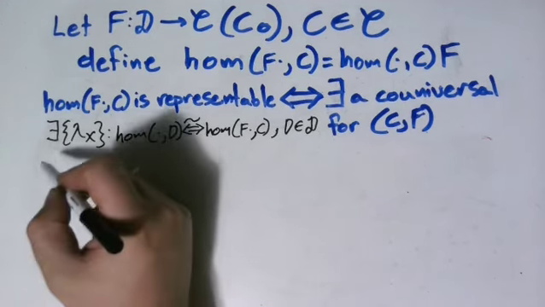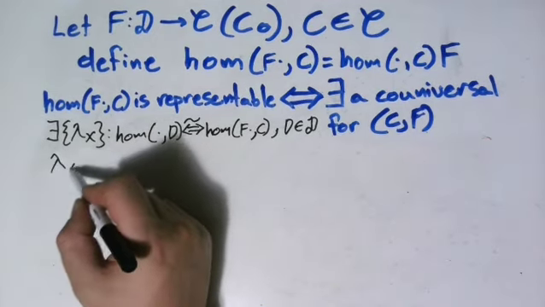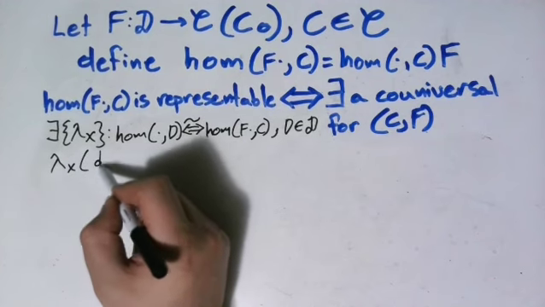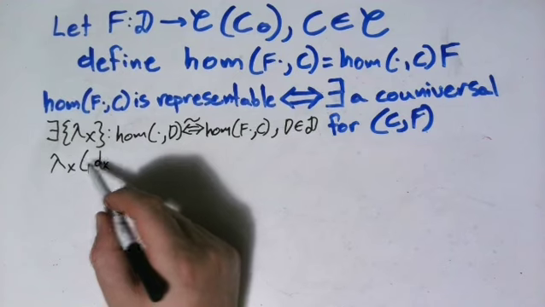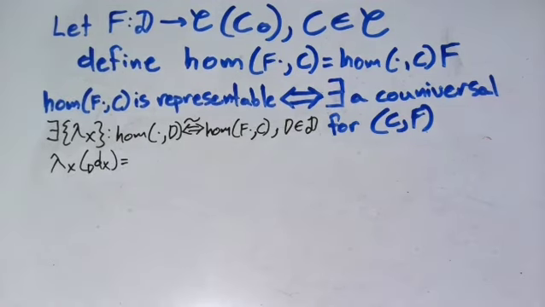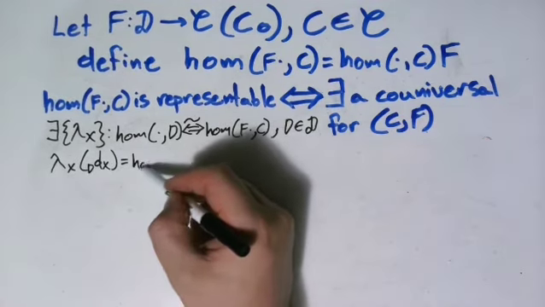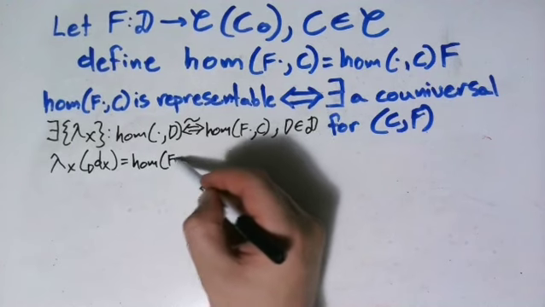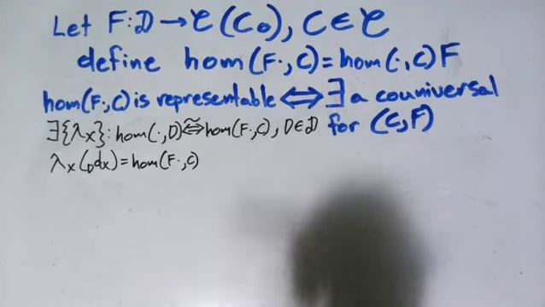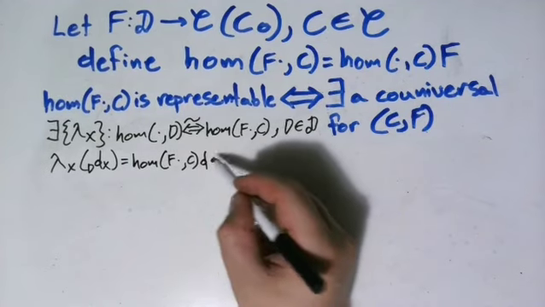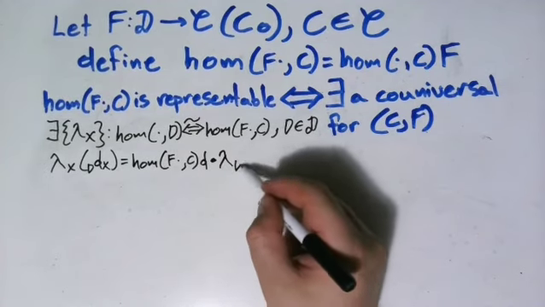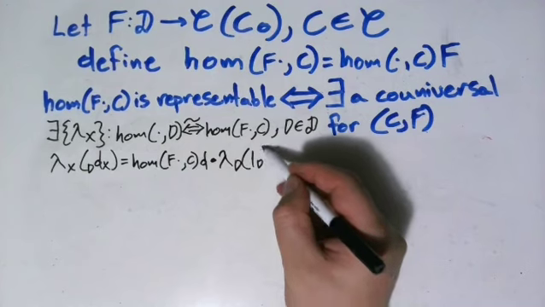But recall then that lambda x applied to some d going from x into D is going to be our functor home F blank c applied to D, followed by lambda d 1d.